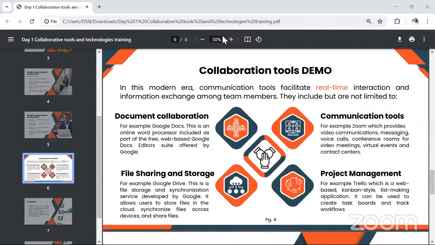How can you use breakout rooms? How can you use conference rooms? And so many other things. How can we get the best out of Zoom? Because what we are doing right now is actually the bare minimum.